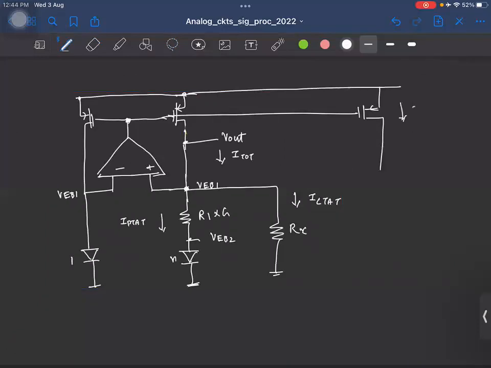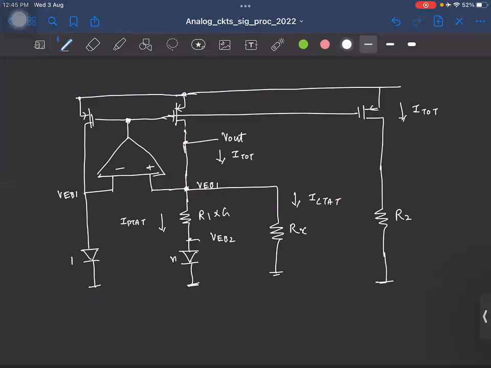Now this current is also the total current. And here I'll flow the current through an R2, and the other end of R2 is connected to ground, right? That's the only thing that was missing there. In the earlier case, when you had the resistor R2, here, the bottom end of R2 was connected to VEB1, and that's not what you want. Okay.